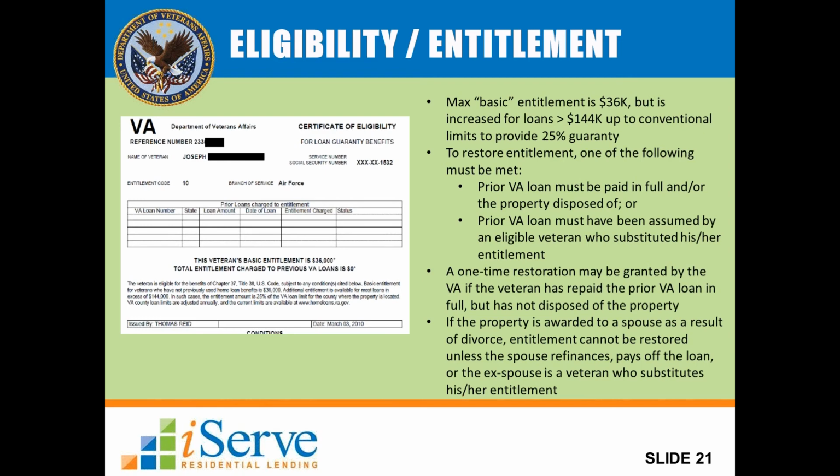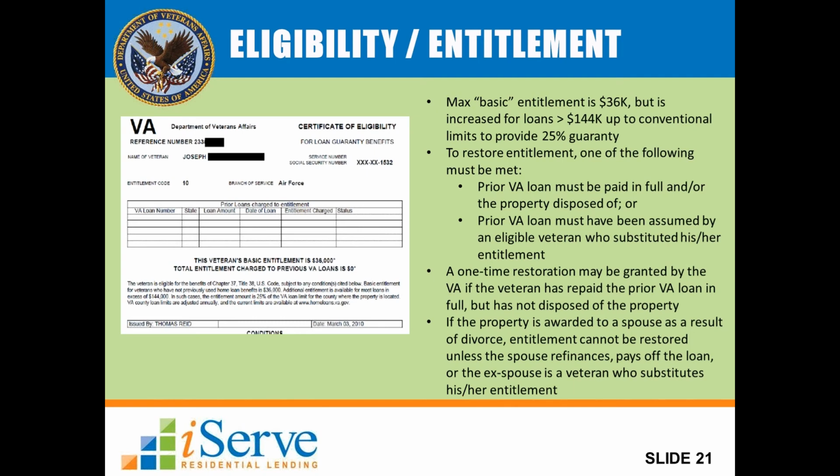Now, there is a one-time, and this is literally once-in-a-lifetime, shot at a veteran getting a restoration if they have repaid the prior VA loan but they still have the property. And that's a one-time thing.